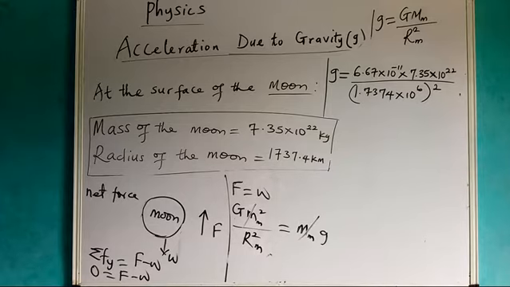Please don't forget, there's something I need to let you know for this one of the moon. The moon orbits the Earth, while the Earth orbits the sun. Just know the difference between them.